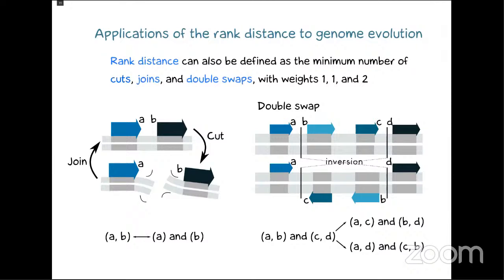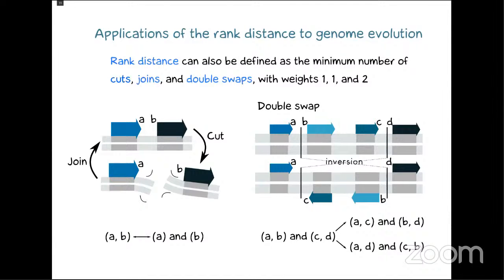Okay, so for instance, let's think of 2 or 3 very representative genome operations that you can see a lot in evolution. The join of 2 adjacencies and its inverse, the cut of an adjacency.